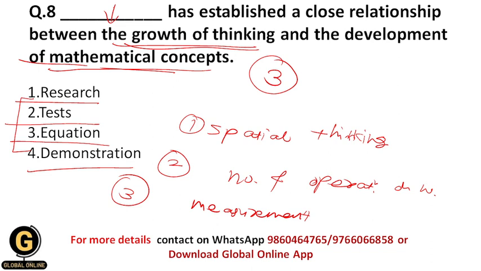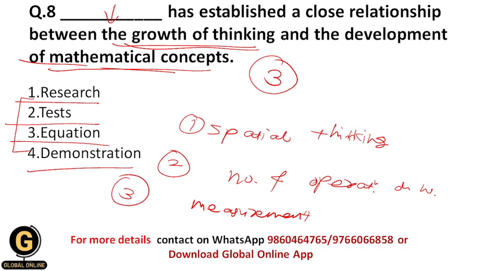Okay, so I mean to say that whenever children are in the elementary school, the way they think and the way they solve mathematical concepts are interrelated with each other. So as they grow, their thinking power also grows, and that's why they will deal with more difficult mathematical concepts.